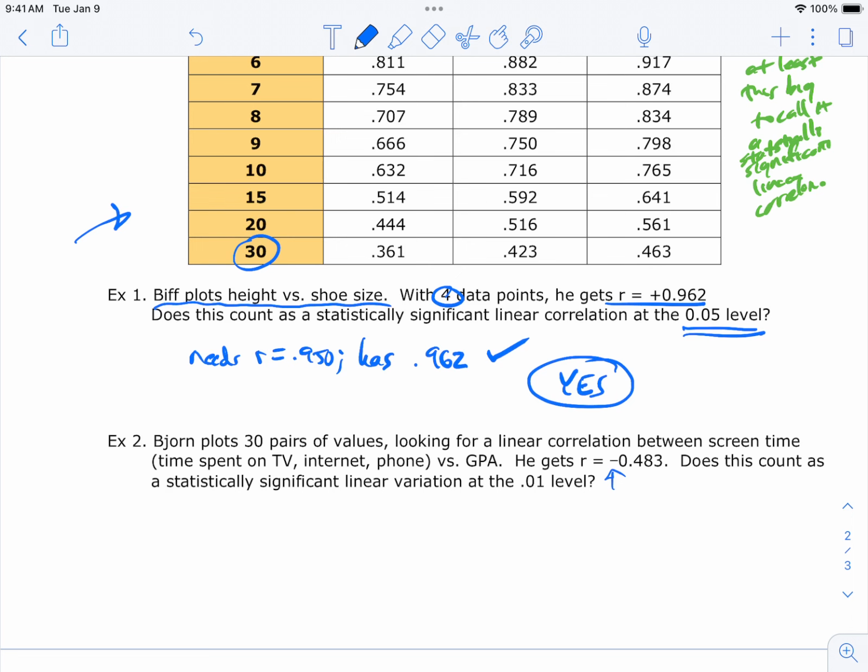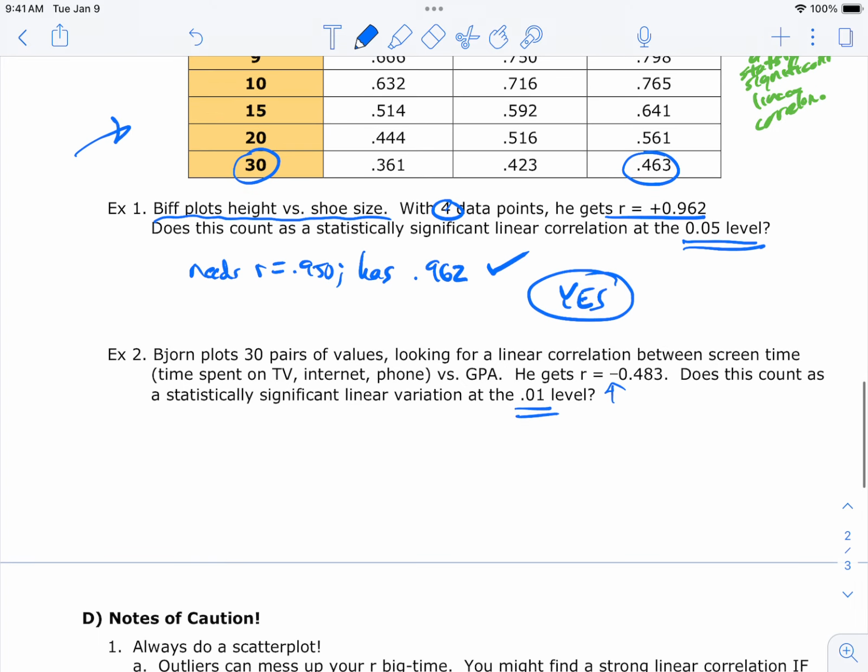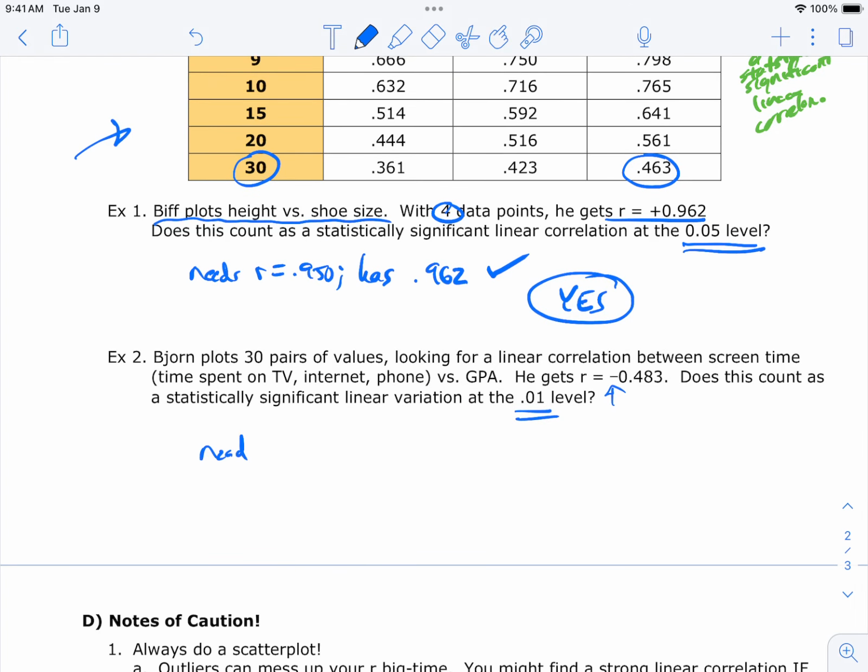So at the 0.01 level, which is this last column, he would need a 0.463. He has a 0.483. He made it. He's got higher than the value in the table. So another yes.